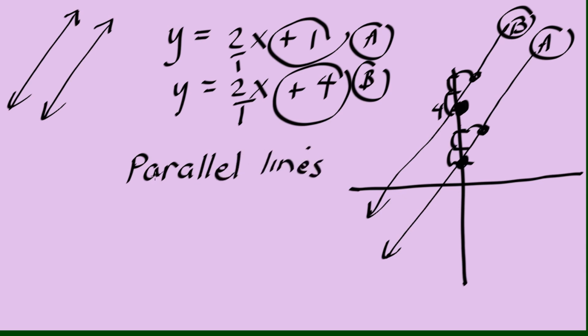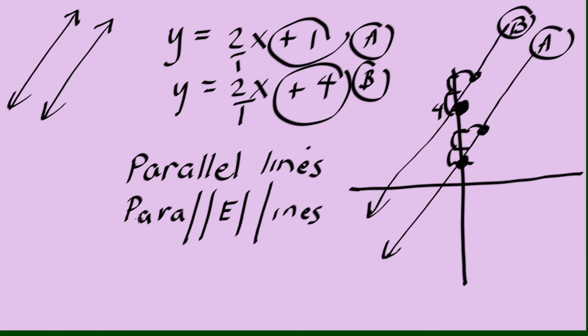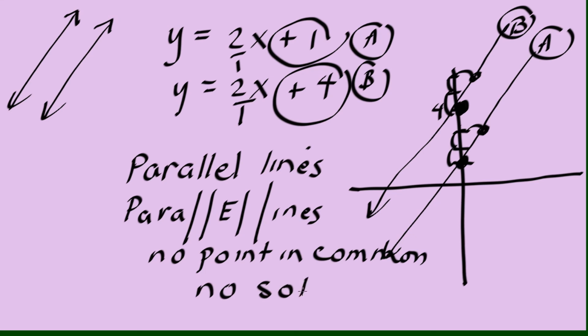Now, because there's no point of intersection, with parallel lines, the best way to remember it is parallel lines: there's no point of intersection, no point in common, which implies no solution.